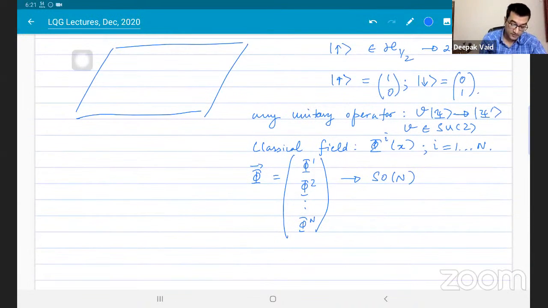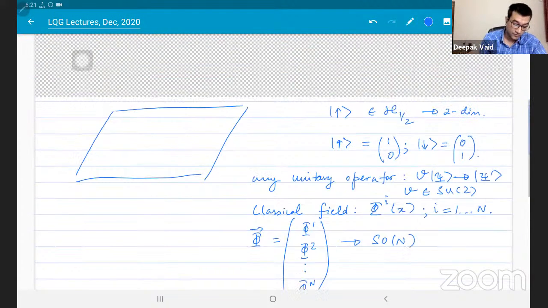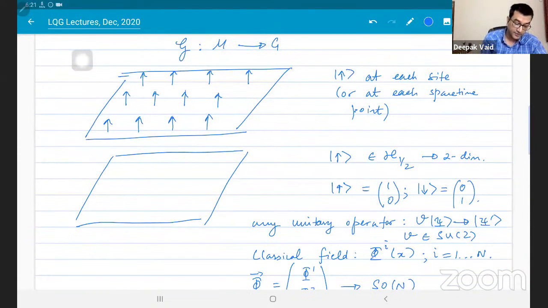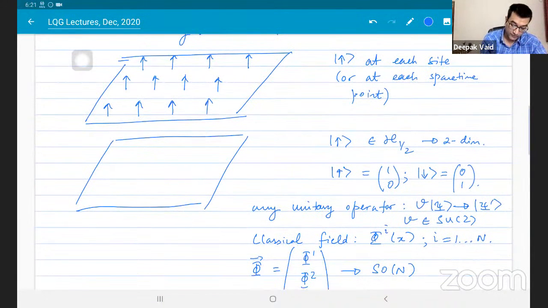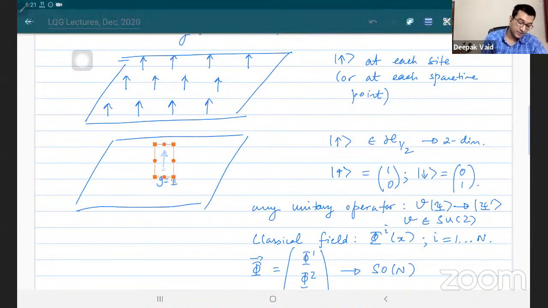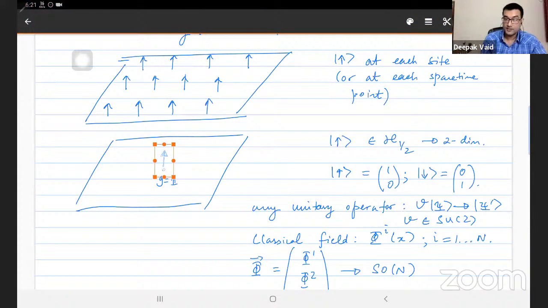So you imagine that you have a gauge transformation. In this case, since I'm talking about spins, you assign an element of SU(2) at each point of the manifold. Then what does that do? If that element is the identity at this point, G equals the identity, then the spin at that point is unchanged.